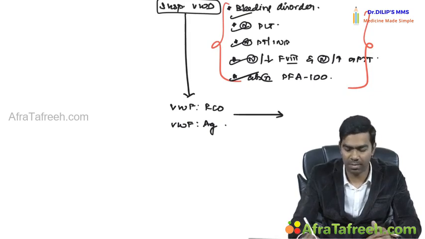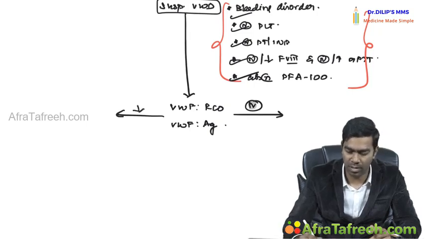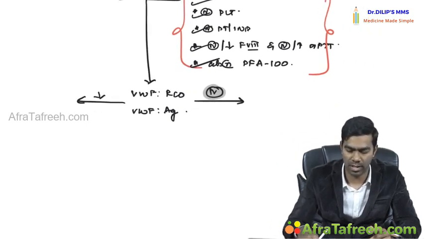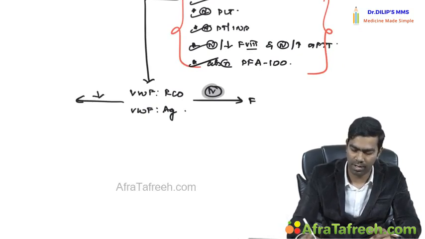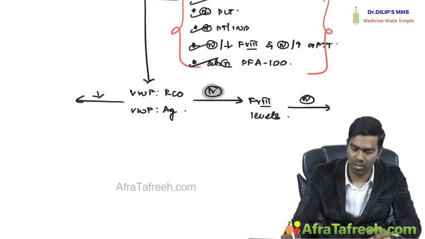The results can come as normal or decreased. If surprisingly your reports are normal, then the next step is to do factor 8 levels. Factor 8 levels again can be normal, or they may be reduced.